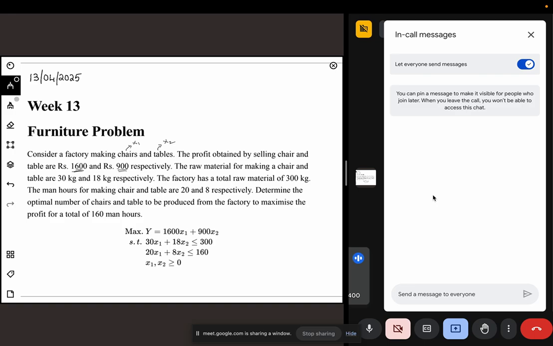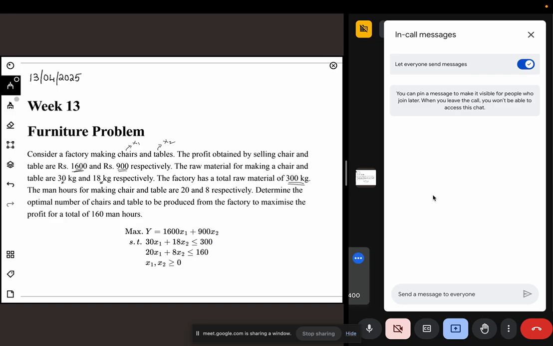So you have a certain amount of wood. You have 300 kg of wood. So this is what you have as your supply. And you know that you have to use 30 kg for making one chair and 18 kg for making one table. So to put it mathematically, 30 times x1 is the amount of wood used for making chairs, and 18 times x2 is the wood used for making tables, and this should be less than or equal to 300 kilograms.